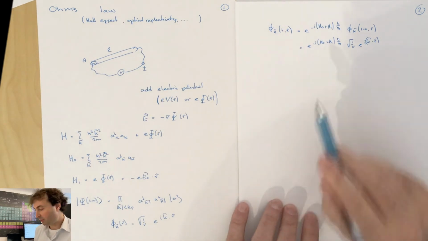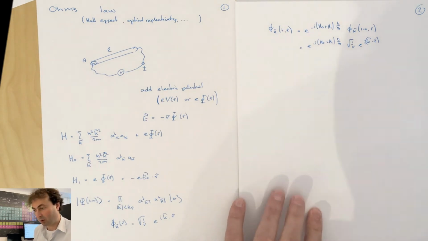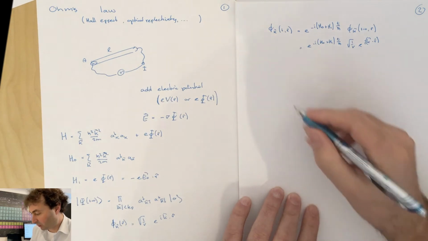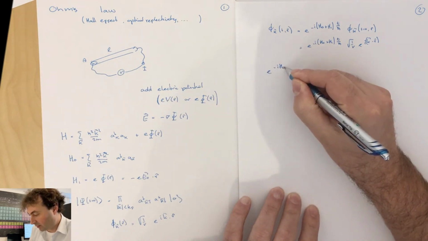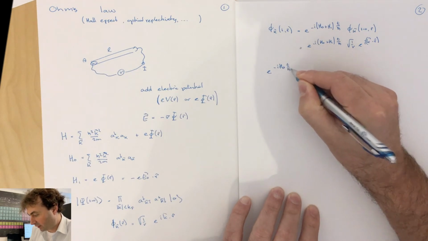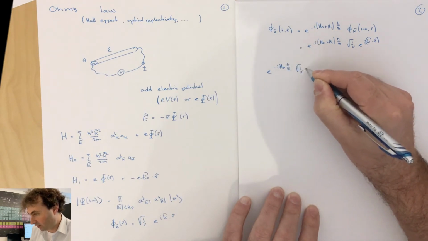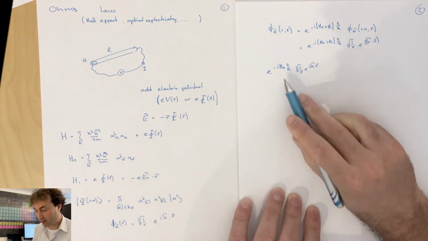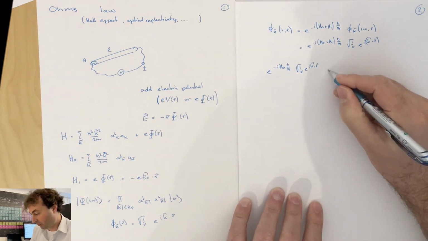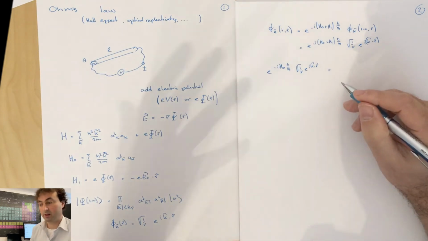Well, the time evolution for either H0 or H1 alone is actually simple to calculate. E to the minus i H0 t over h bar acting on square root of 1 over V, e to the i k dot r. These are eigenstates of that Hamiltonian. So they are stationary states. The state stays the same.